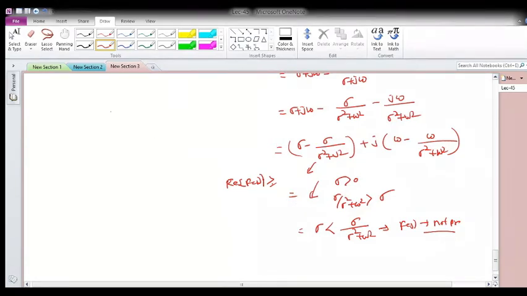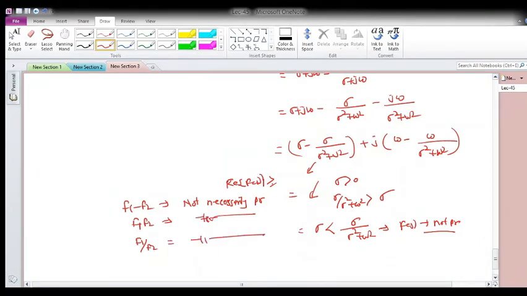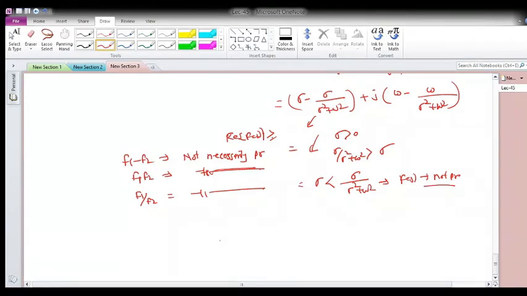That's why we can conclude f1 minus f2 is not necessarily PR. Similarly, f1 times f2 is also not necessarily PR, and f1 by f2 is also not necessarily PR. Only f1 plus f2 will definitely be PR.